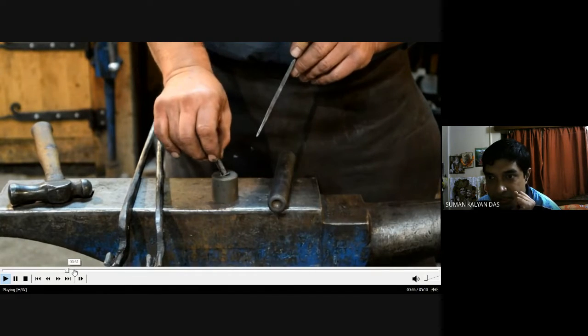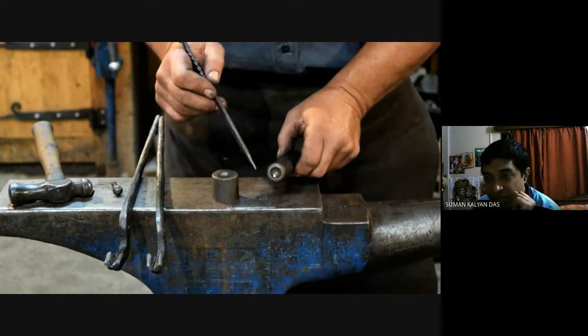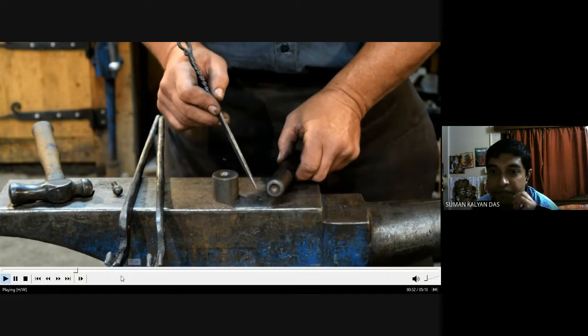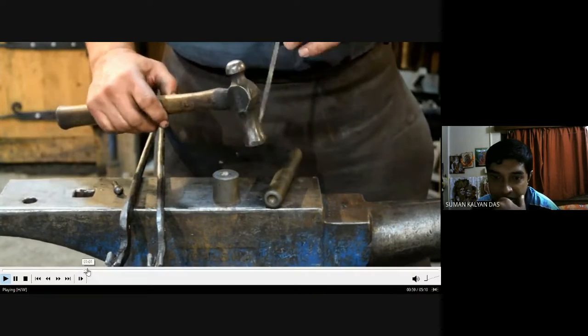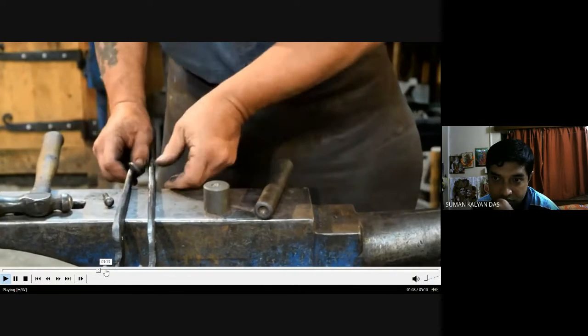And this is the top bar on which I'll be hitting, making the impacts. That also has a similar hemispherical cutout. And obviously this is the hammer to make the blows.